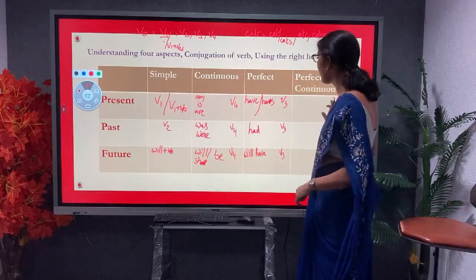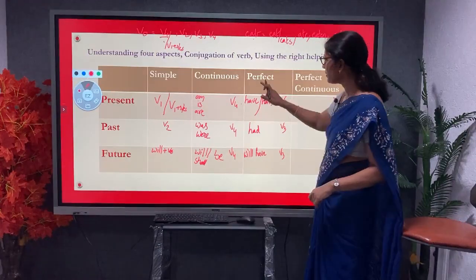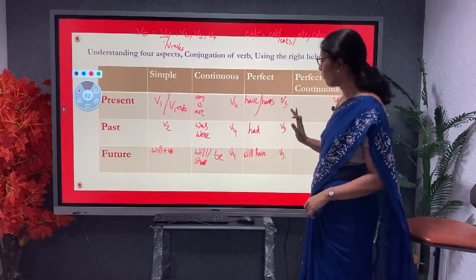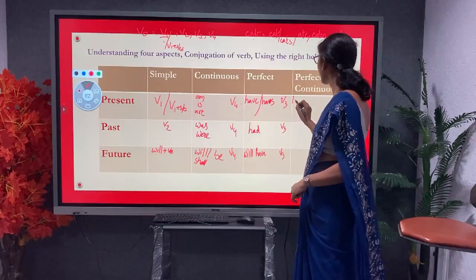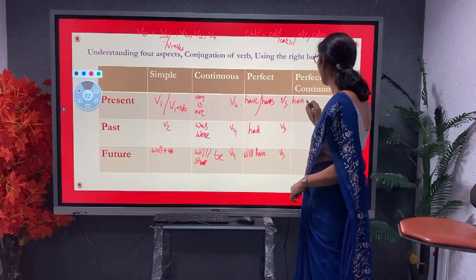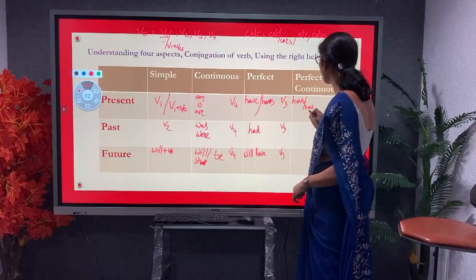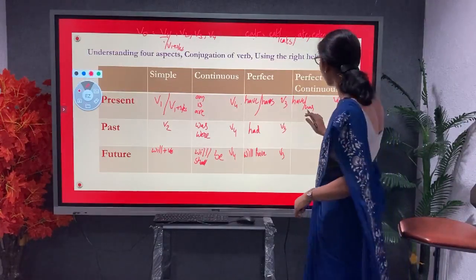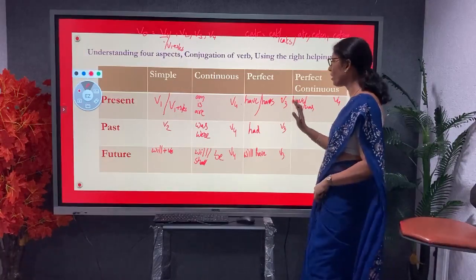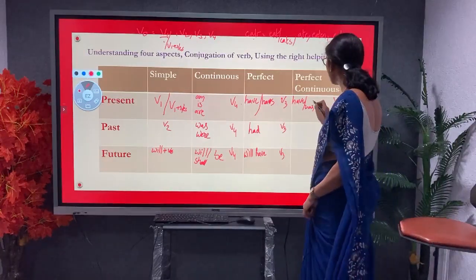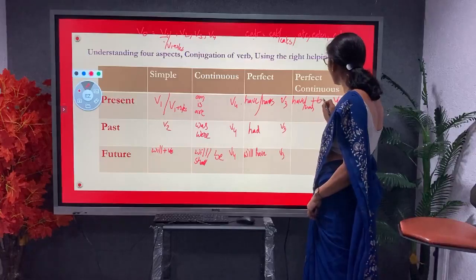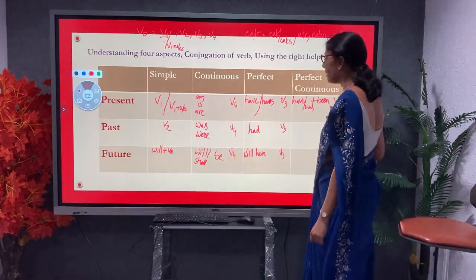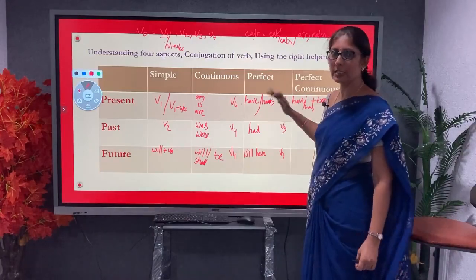Next, coming to perfect continuous. Perfect means have, has or had, and continuous means V4. For present perfect continuous, have or has: for third person singular we use has, for the remaining we use have. But after have or has only V3 comes, so to satisfy that rule we take been. That means we have been, she has been doing, he has been doing.